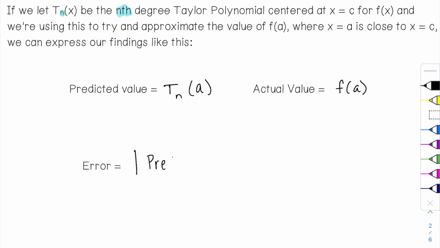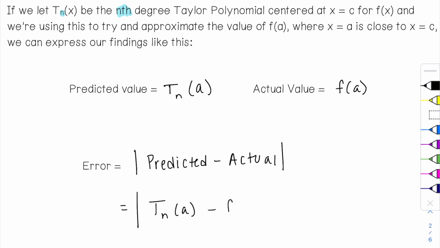So our error is the difference between our predicted and the actual, right? The absolute value, because error is just how far away are you. It doesn't tell you which direction necessarily you're in. So in our case, we have the absolute value of T sub n of a minus f of a.